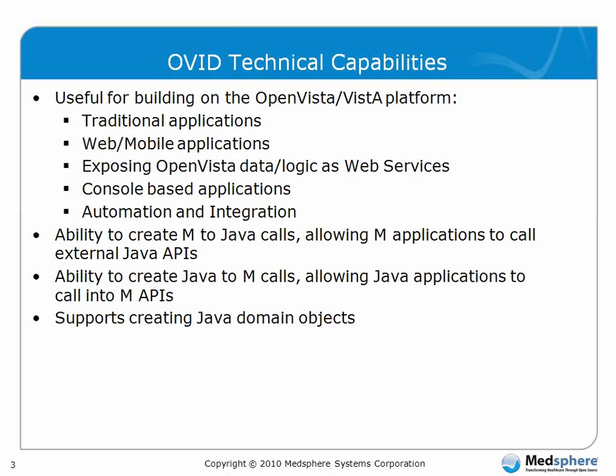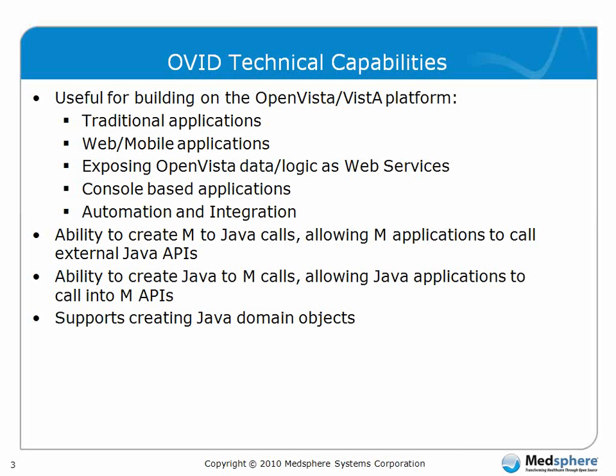We're looking up drug-drug interactions or something like that in M, or you want to look up something in RxNorm, and you don't want to port RxNorm into your Vista data store. We have a way that you could actually call from M out to Java. It's not very mature, but that's also supported.